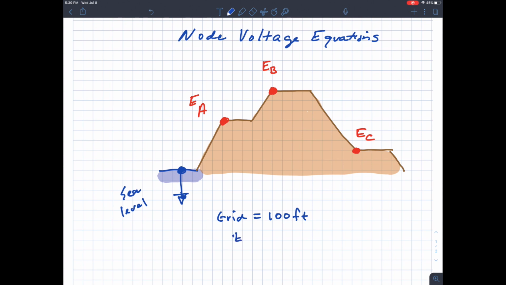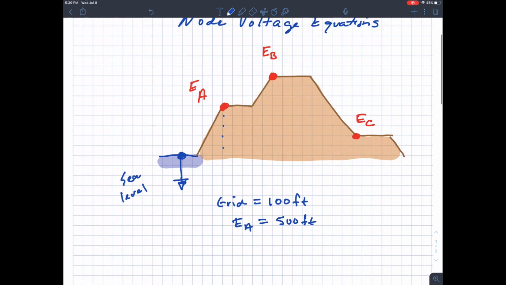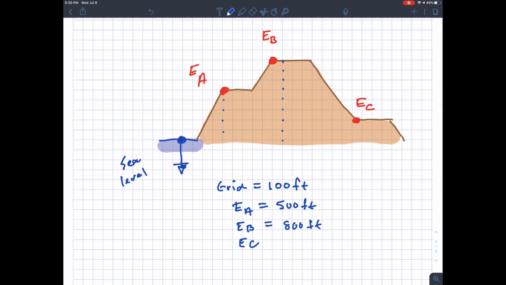Okay, so I could take a look at these elevation points with respect to sea level, and for example, I could read off that EA is, and I count this up, 500 feet. Okay, I could get EB, count that up, 800 feet. And finally EC is 200 feet.